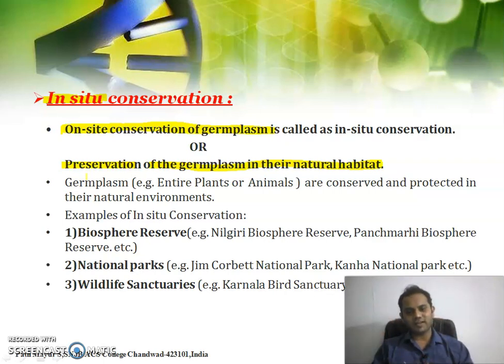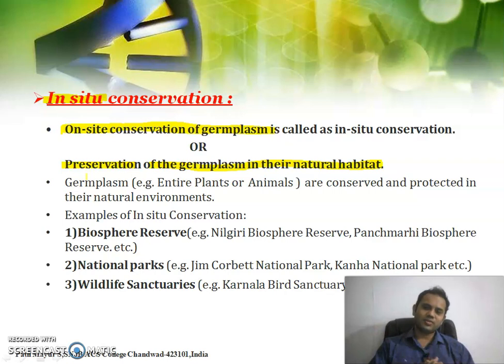Big forests are there, oceans are there, which hold tremendous biodiversity of the world, and forests, as I told you earlier, national parks, sanctuaries. All these are now protected, or they serve to conserve the biodiversity.